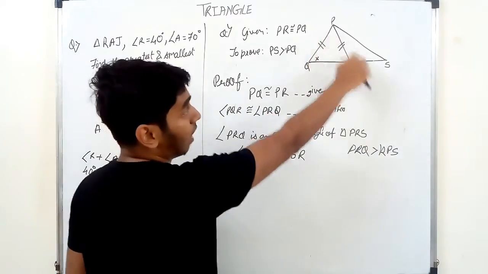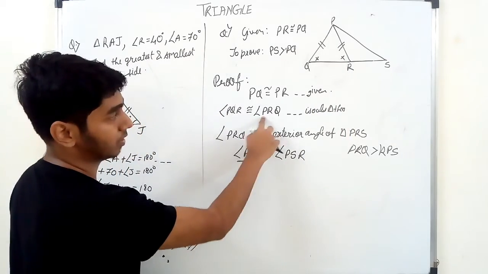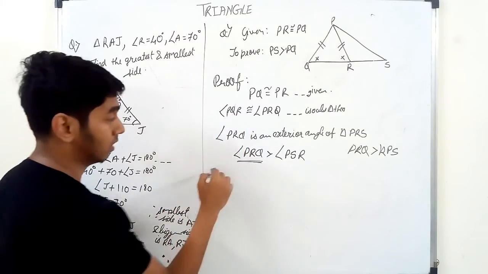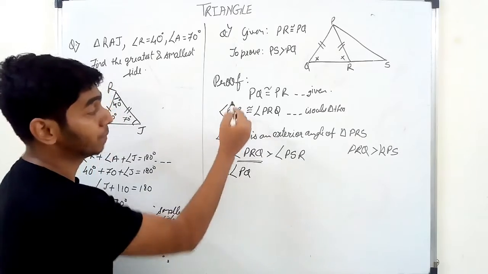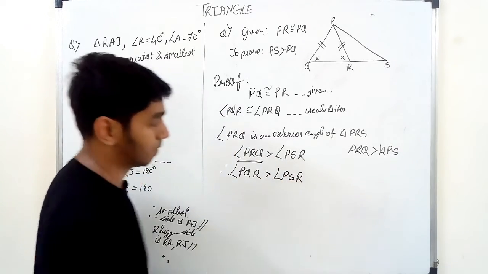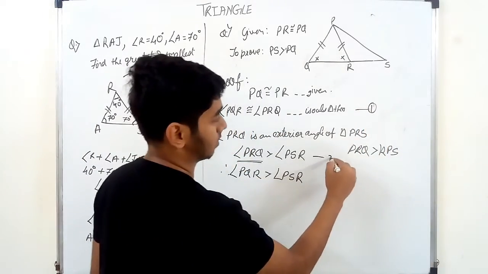So here, PRQ is greater than PSR. But if you see, PRQ is the same as PQR. Therefore, instead of PRQ, we can say PQR. Yes or no? So from 1, we can say this as 1 and this as 2.